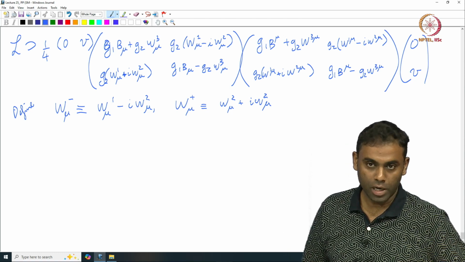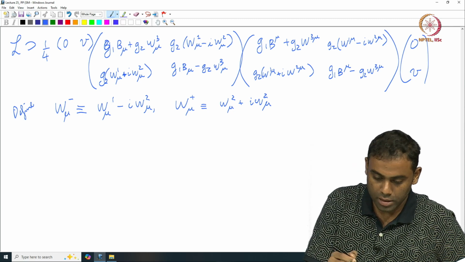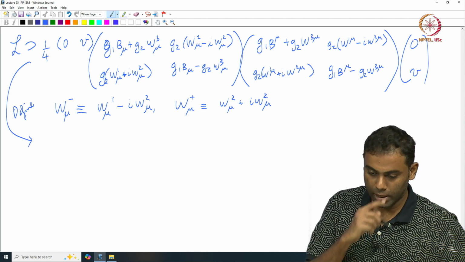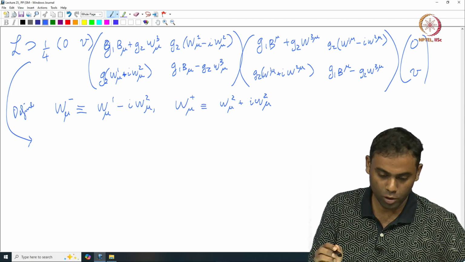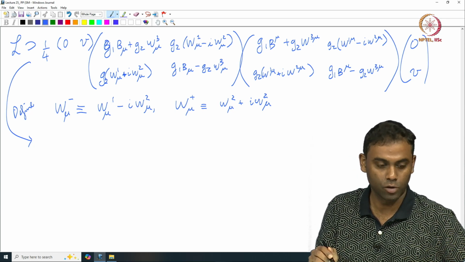So I am going to wrap up by writing down the simplified version of this term, and I will let you figure out what the masses actually are, and in the next class we will take up exactly what the expressions for the masses are.